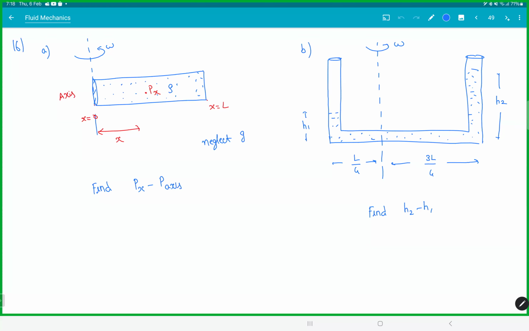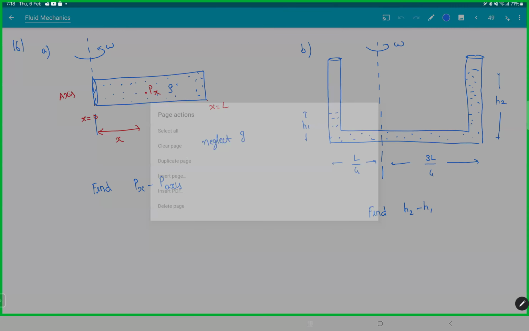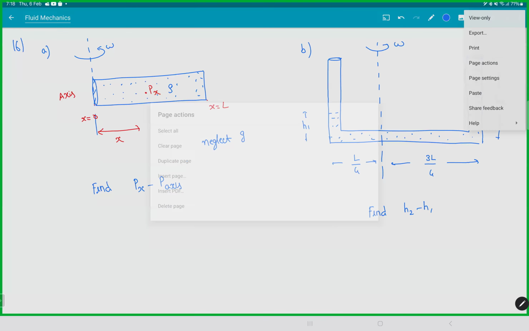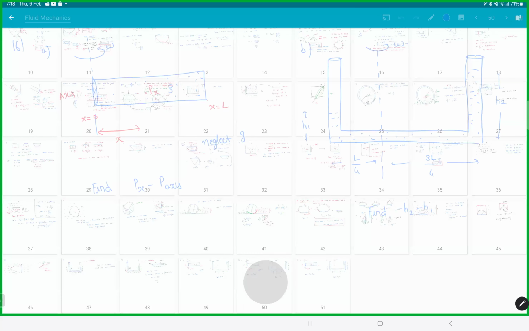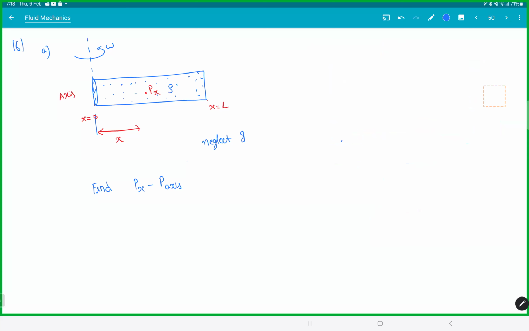Let's see. So whenever you get a thing like this, that's what I keep saying, it's not like it is the exact same question, but you get to know how to choose elements.